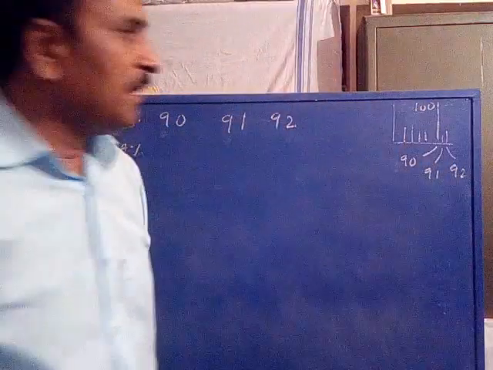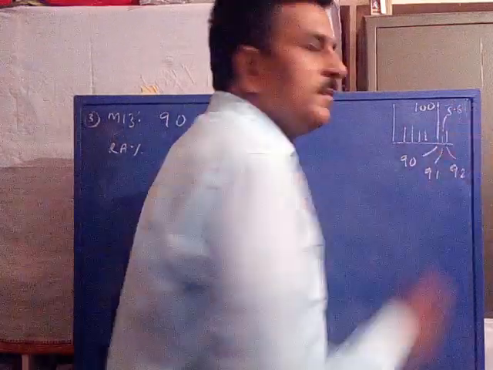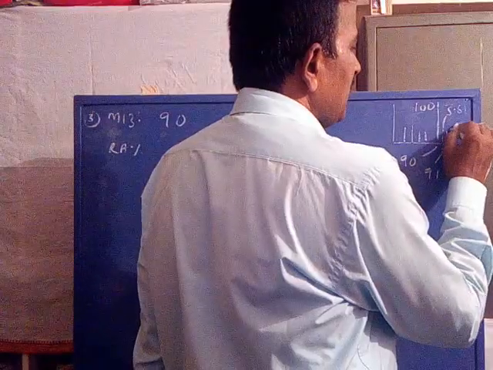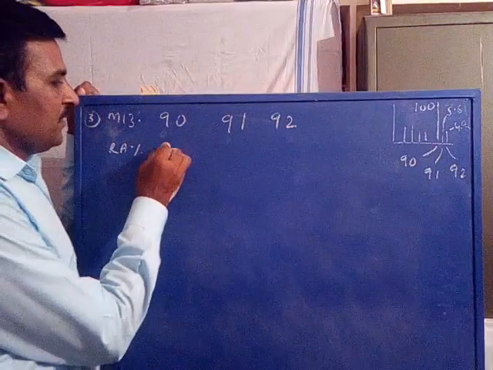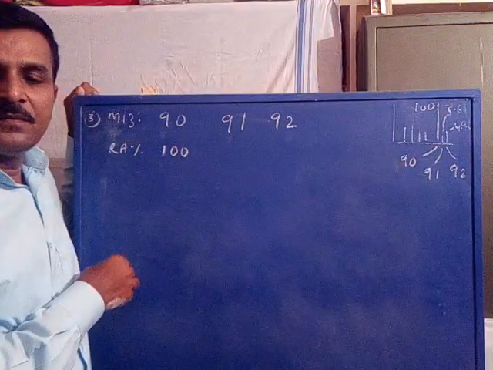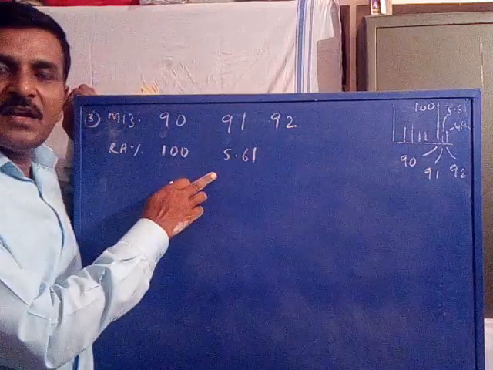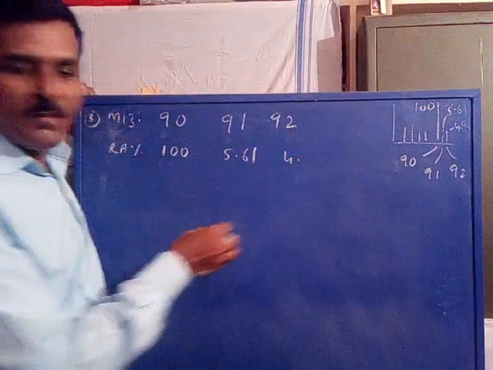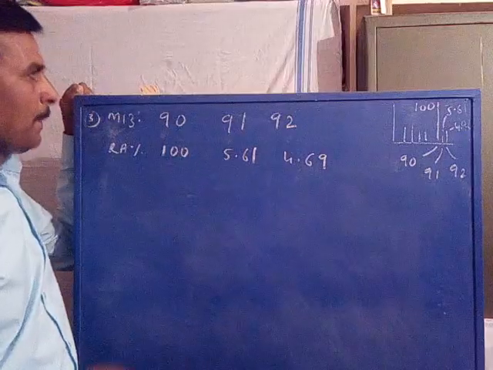Molecular ion signal is 100%. +1 signal intensity is 5.61%. Now +2 signal intensity is 4.69%.